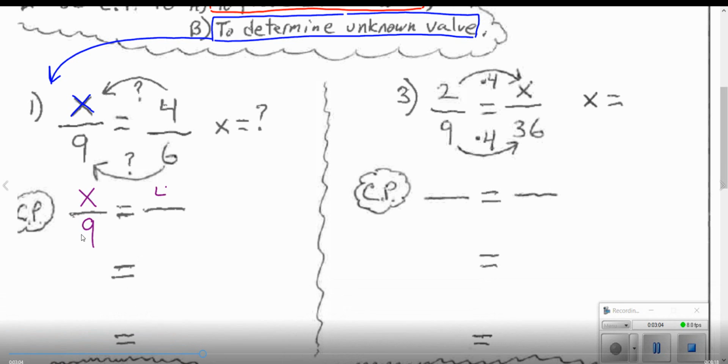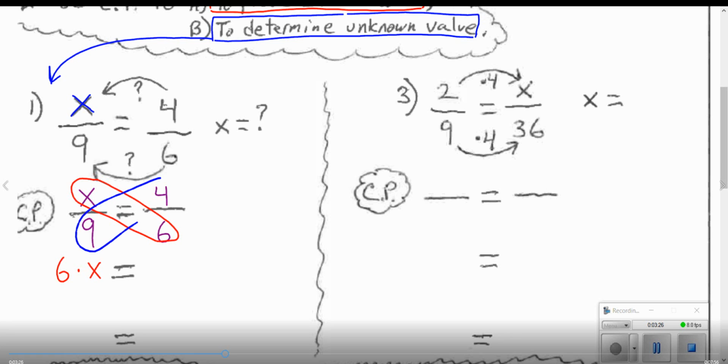So I'm just going to rewrite it. x over 9, 4 over 6. Now I'll use cross products to determine the unknown value. So I'll say 6 times x. You could say x times 6, that's alright.